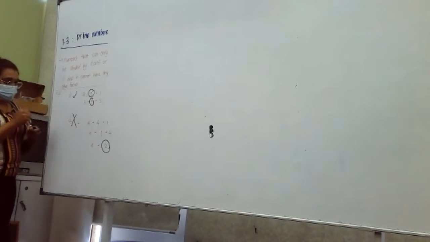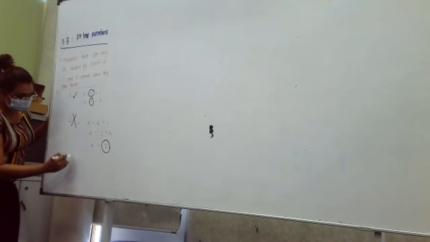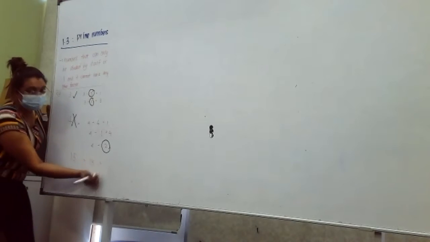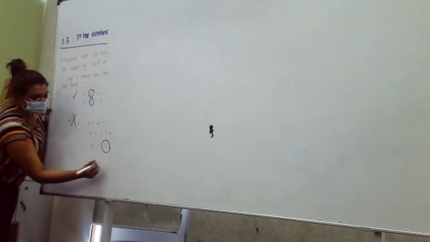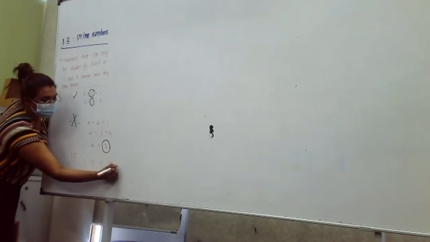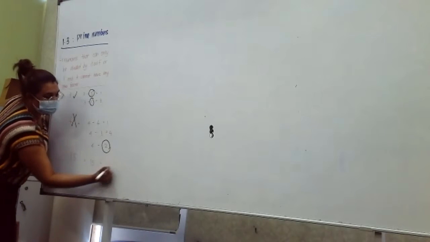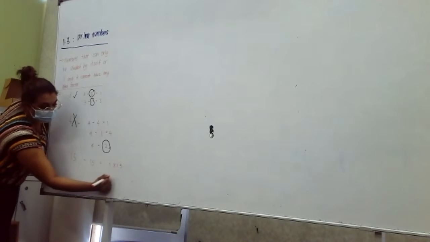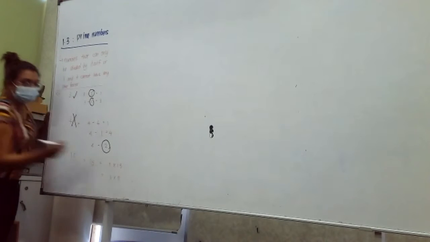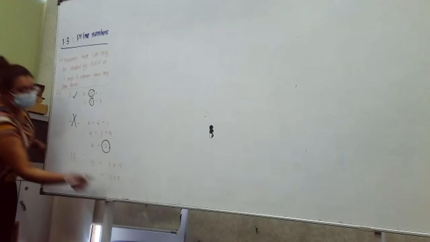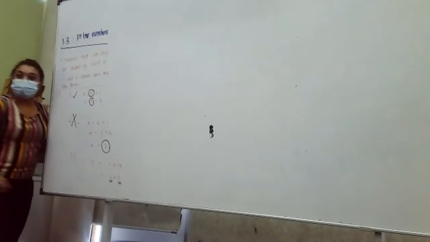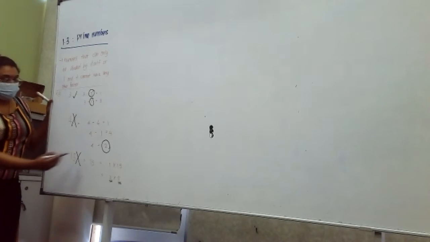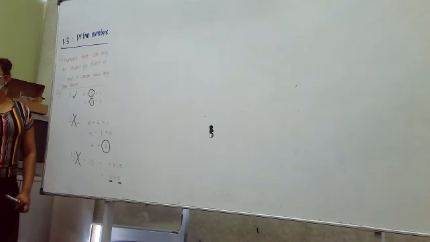Another example, 15. To get 15, what can you do? Yes, 15 times 1, 1 times 15. What else? 3 times 5. So if you realize here, there are 2 other factors coming in for this 15. Therefore, 15 is not a prime number.